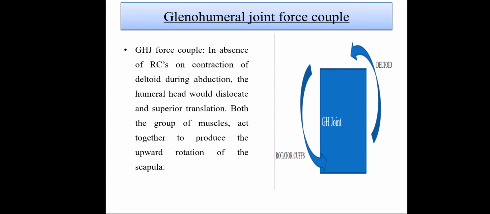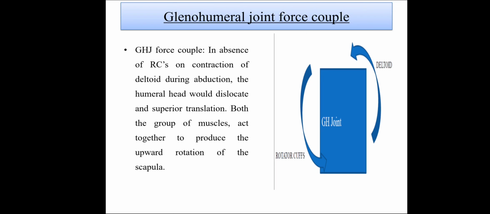Imagine that in the absence of rotator cuff, what is going to happen to your humeral head? Deltoid being the multiaxial bulkiest muscle of the shoulder complex, it is going to pull the humeral head superiorly, thus leading to superior dislocation. This occurs in the absence of your rotator cuff.